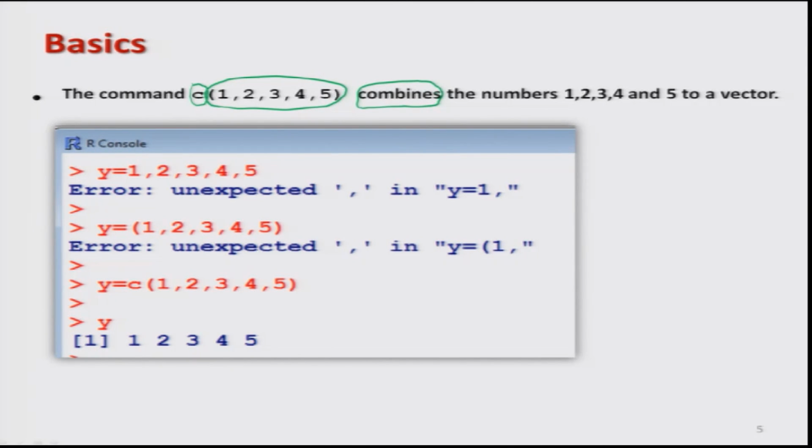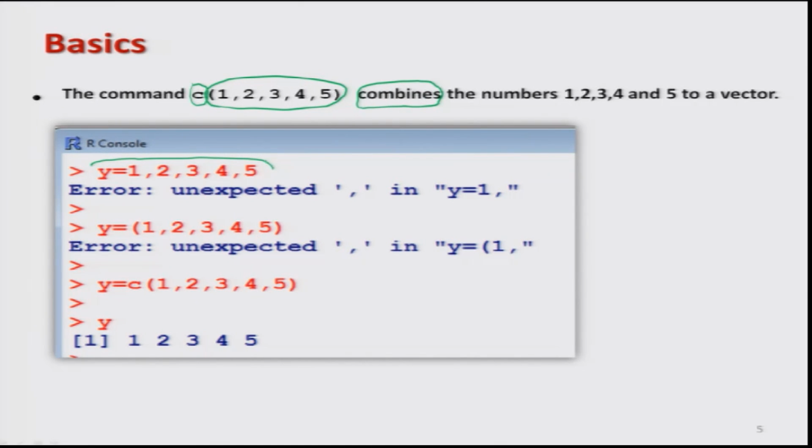So whenever I write the small letter c and inside the bracket write down the numbers, that simply assigns them inside a vector, right. So in order to understand, first we try to do something without using c, right. You can see I have taken an example where I define y as 1, 2, 3, 4, 5.